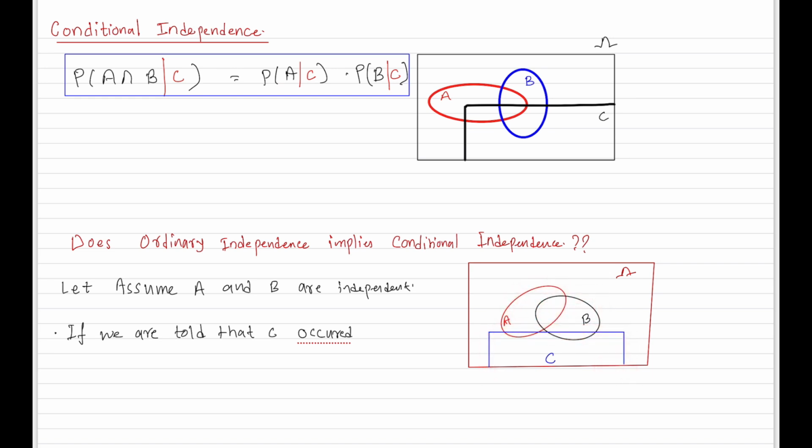Now first of all, A and B are independent. Now we have been told that we are given this condition C, or let's say that C has occurred. Both are the same thing, right? Now I want to ask the question: are A and B conditionally independent, because now we have the condition?